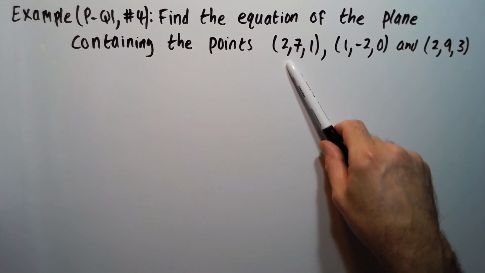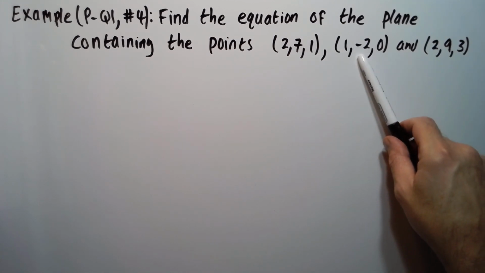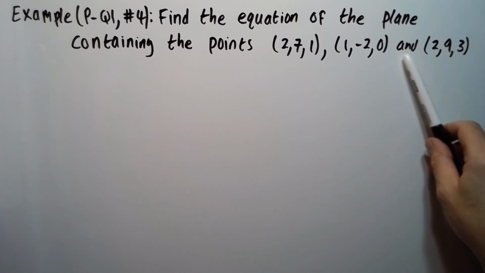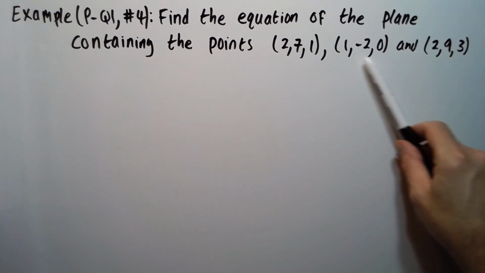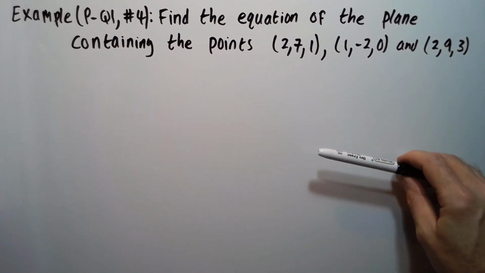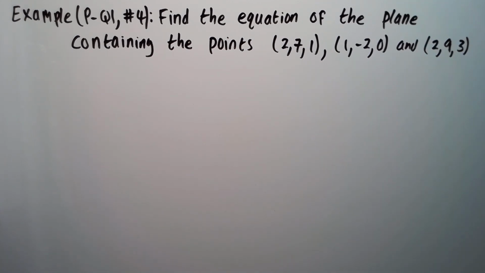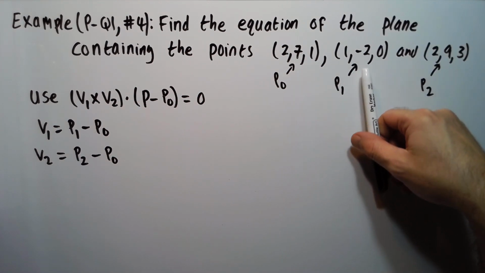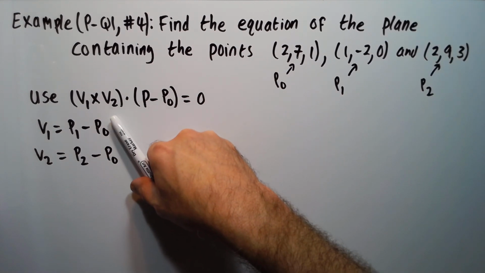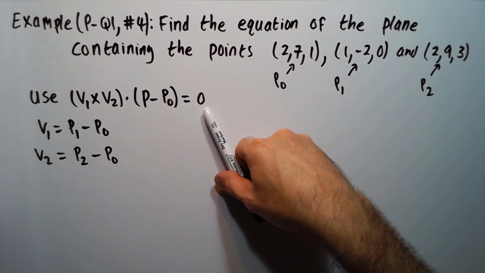I'm going to label the first point P0, this one P1, and this one P2. It doesn't matter how you label them; the final answer will work out the same in the end. This is the equation of the plane that we have to figure out.